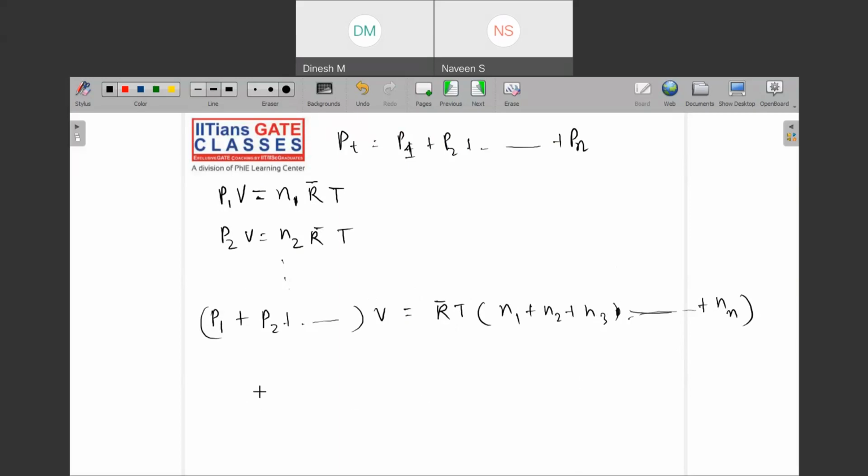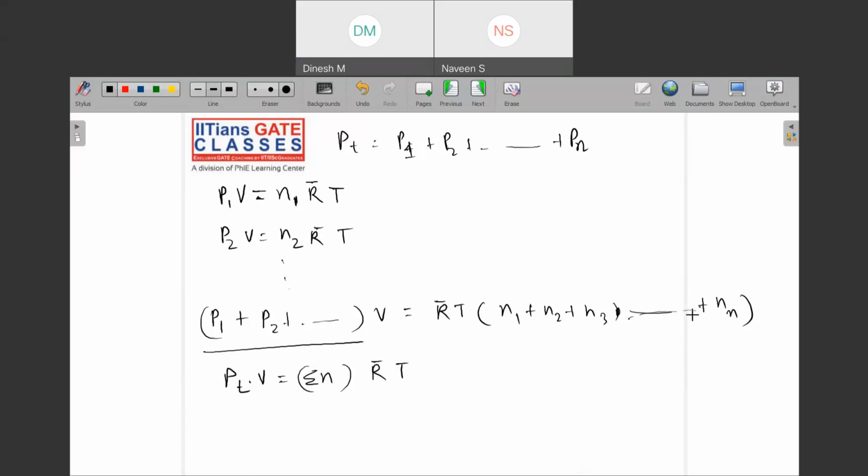This is right. And P1 plus P2 till Pn is nothing but the total pressure, as we just saw in Dalton's law of partial pressure. So P total into volume is equal to the summation of N, the number of moles, into R bar into T.